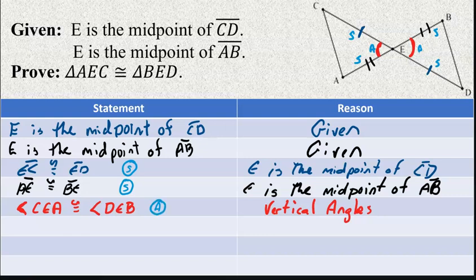Again, geometry likes nice words, but the order of this proof listed in the table does not matter. I have enough information here now to prove my triangles are congruent. So I'm going to fill that in. Angle, side. Okay. So that is that example. Alright, let's take a look at the next one.